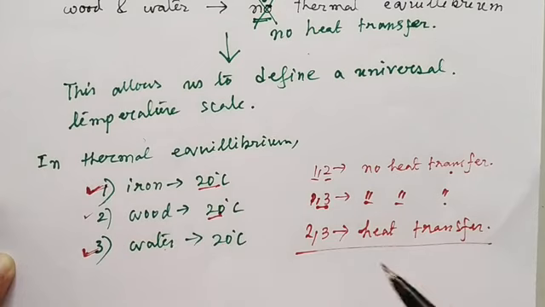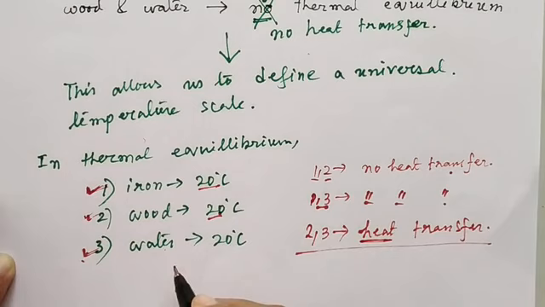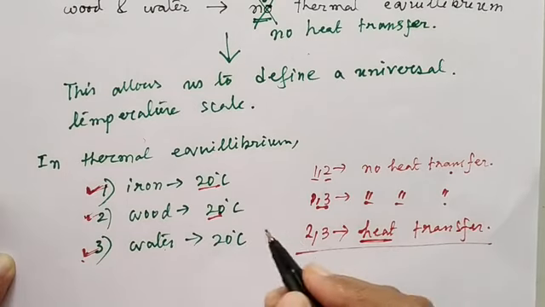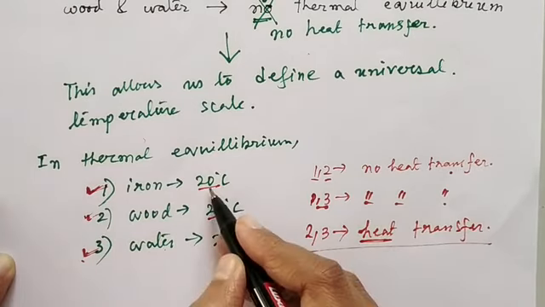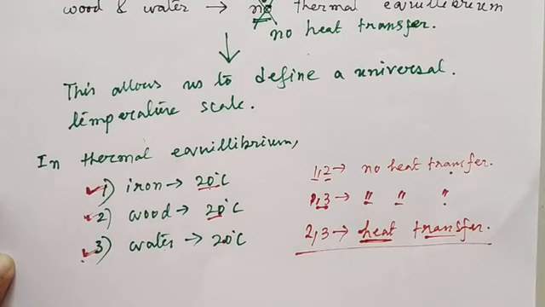But suppose according to the same temperature scale, when the wood and water are put in thermal contact, you observe some heat transfer. Then you cannot say that they are at the same temperature, even though according to that temperature scale they are. When there is net heat transfer, there has to be some temperature difference between them.